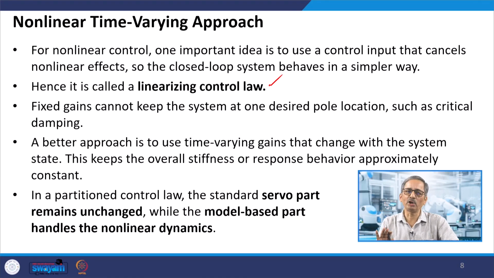The partition control law approach which we used earlier in linear control, we can use the same approach here. The servo part will remain unchanged from what we have seen earlier, while the model based part will handle the nonlinear dynamics. This is how we are going to tackle the nonlinearity in the robot model.